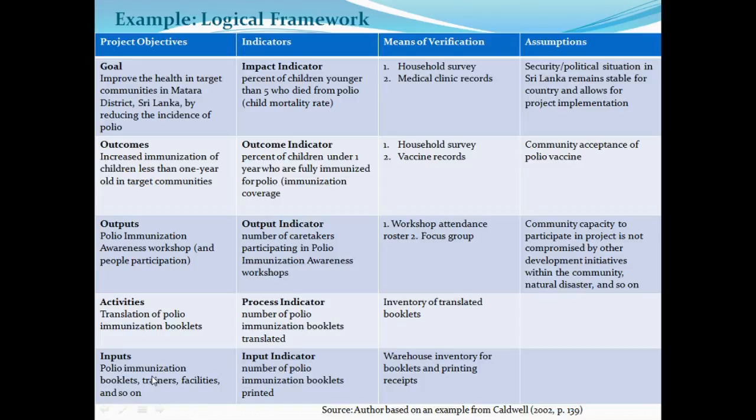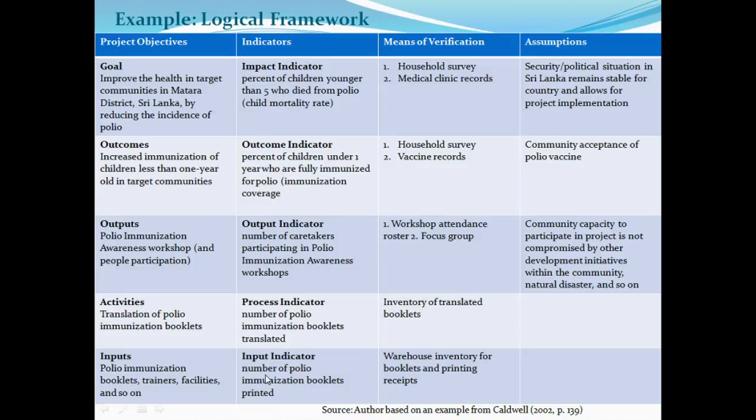So polio immunization booklets, trainer facilities, and so on, all these things would go into inputs. And how are these inputs going to be used? So translation of polio immunization booklets, this is one of the activities which will take place during this project. Now for this input, what is the indicator as I discussed?